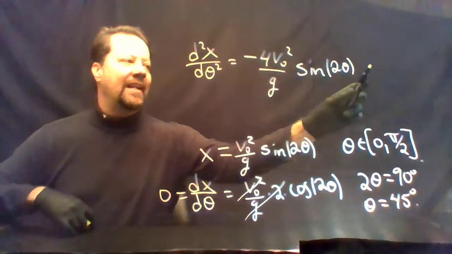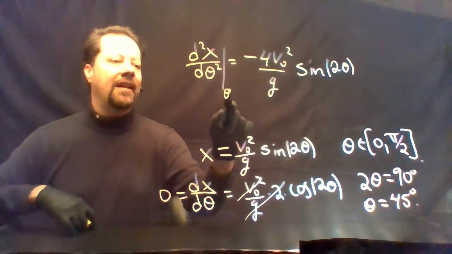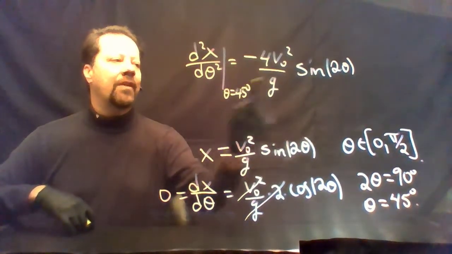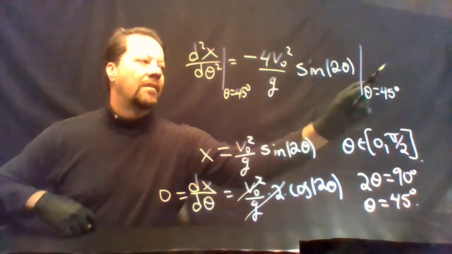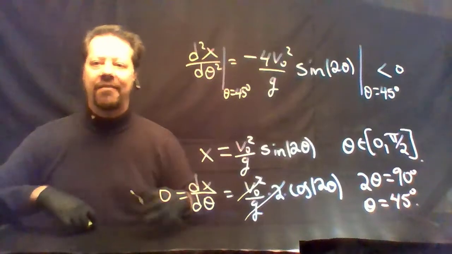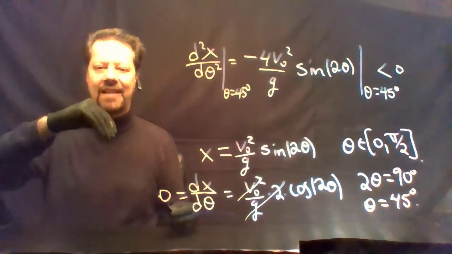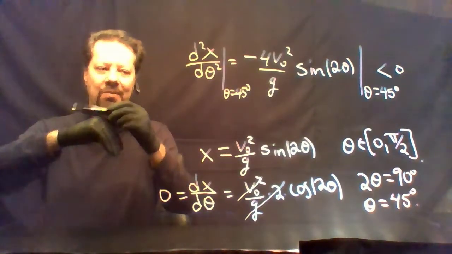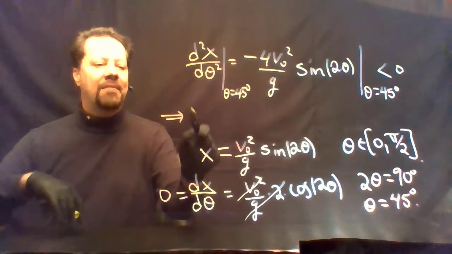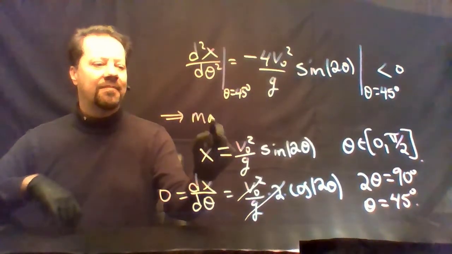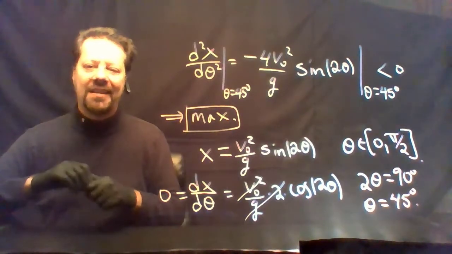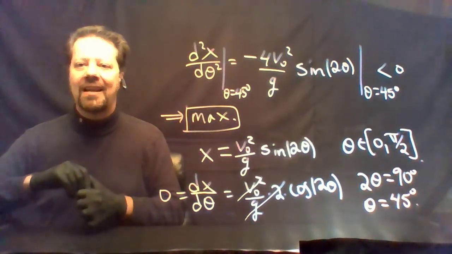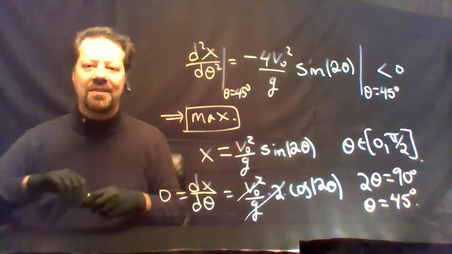And so we get a negative second order derivative if we evaluate at theta equals 45 degrees. It's concave down at a place where the slope is 0. That implies a max. We get a maximum range when theta is 45 degrees and when there's no air resistance.